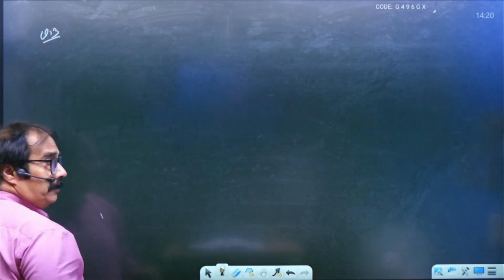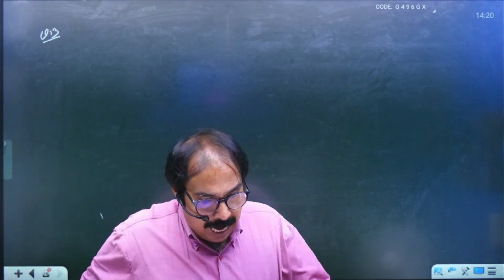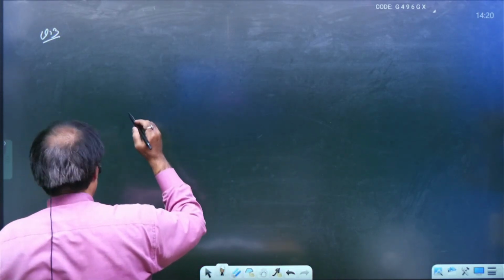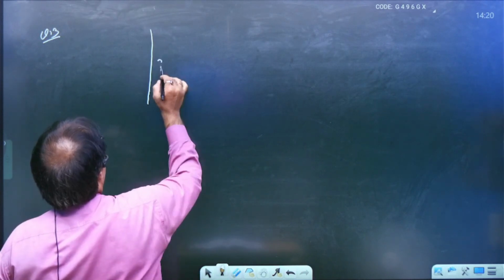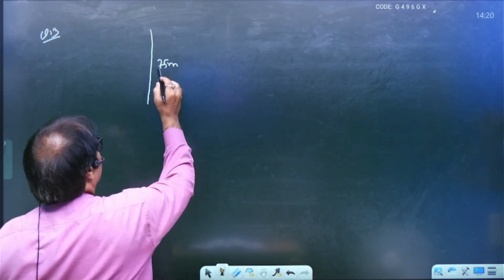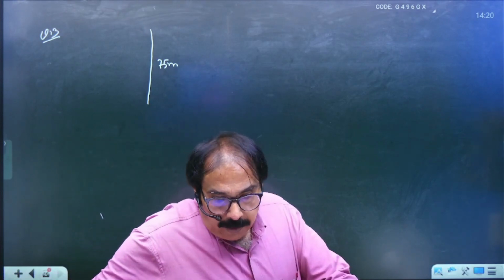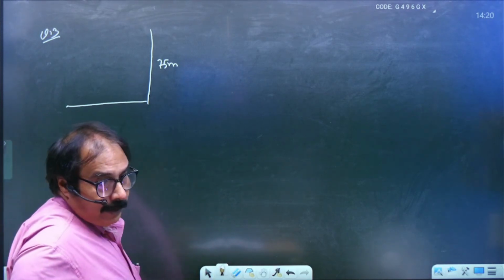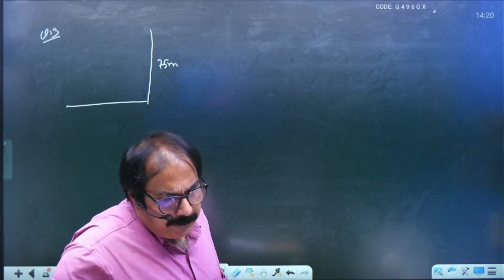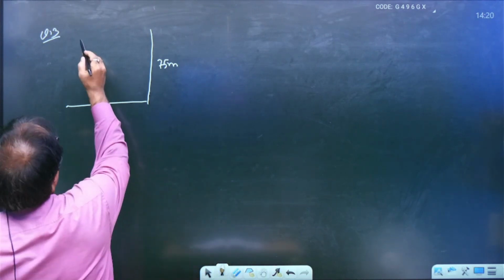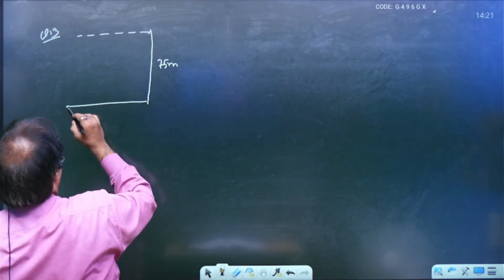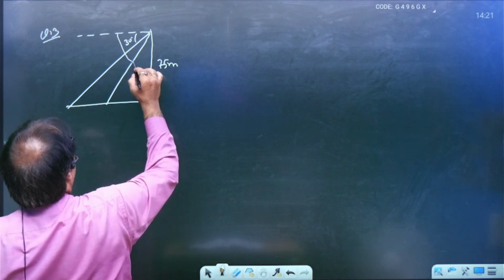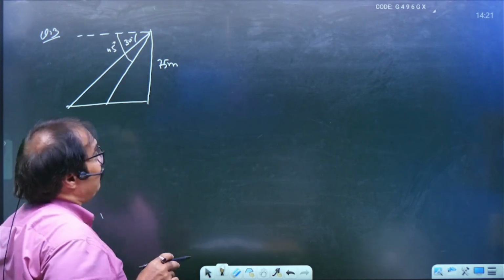The question is: as observed from the 75-meter high lighthouse from the sea level, the angle of depression of two ships are 30 degree and 45 degree.